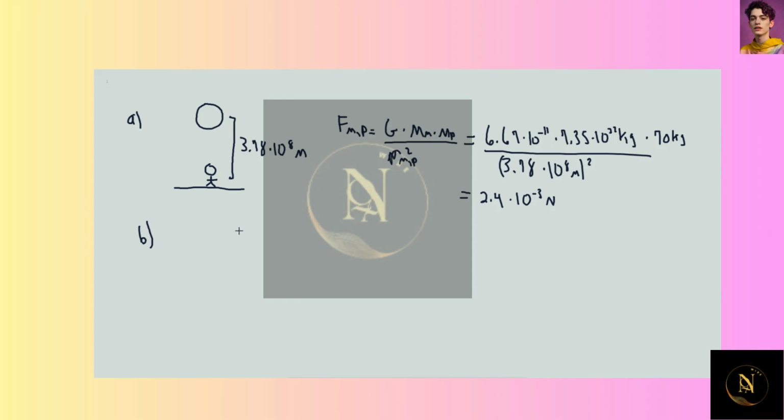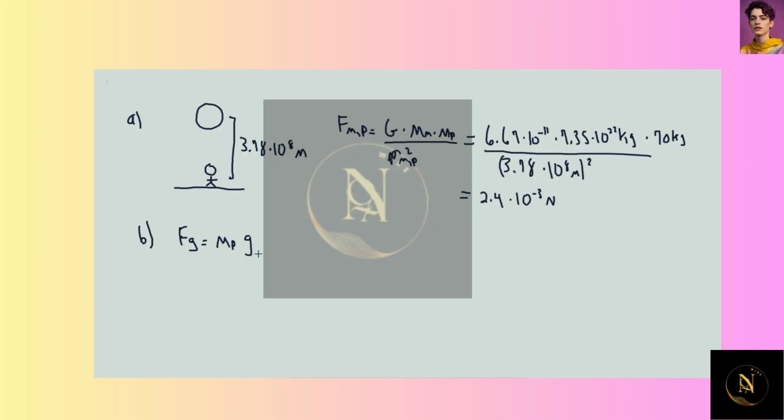In part B, then, we're asked to compare this to the gravitational force that the Earth exerts on the person. So we could do this in the exact same way with this gravitational equation. So we'd plug in the mass of the Earth instead and the distance between the center of the Earth and the person. But we've been doing gravitational forces from Earth for a long time in kinematics, and so we also just know from that the gravitational force that the Earth exerts on a person, at least on the surface of the Earth, is going to just be the mass of the person times g, 9.8 meters per second squared.